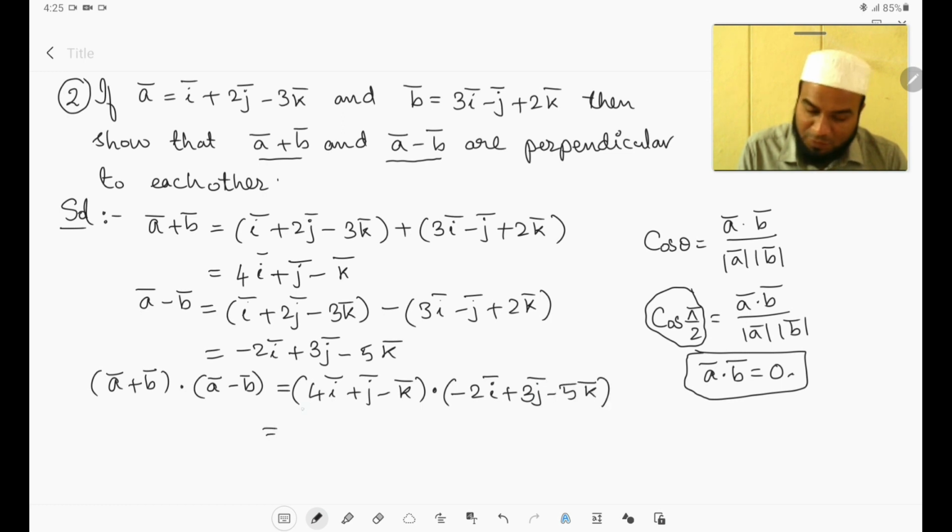Now simplify this. 4 into minus 2 is minus 8. Then 1 into 3 is plus 3. Then minus 1 into minus 5 is plus 5. So 5 plus 3 is 8, and 8 minus 8 is 0. So a bar plus b bar dot a bar minus b bar is 0. That is why these vectors a bar plus b bar and a bar minus b bar are perpendicular. This is what we have proved.